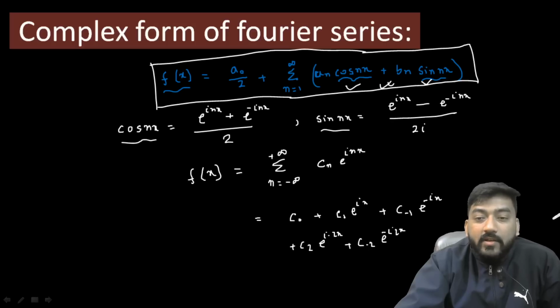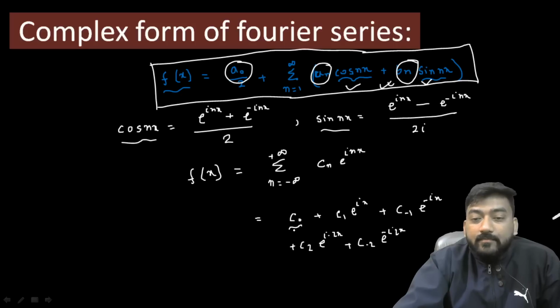So what we have to find out here also are c0 and cn, as here we have found out a0, an, bn. Because if you put minus n, then we will also get c minus n.